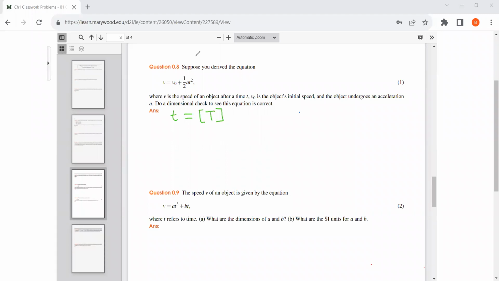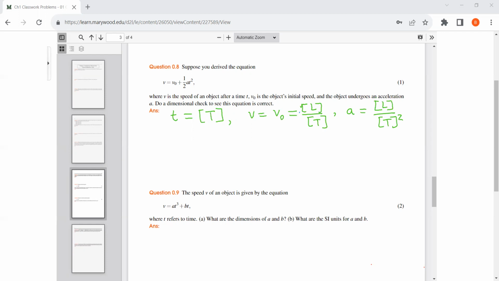The dimension of v and v0 are the same, and that will be L over t, for any speed, whether initial or final. And for acceleration, it would be L over t square. So these three dimensions we need to solve this problem.